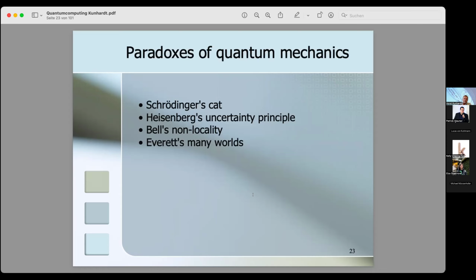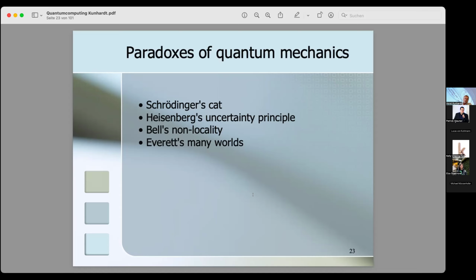So I already explained that we are trained more in our schools or in university to live in the classical world. We have some paradoxes in quantum mechanics that are a bit hard to understand. Remember the statement of Niels Bohr about the spooky effects, as they are sometimes called, of quantum physics.